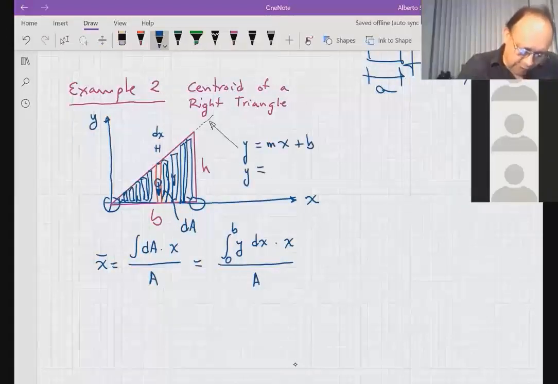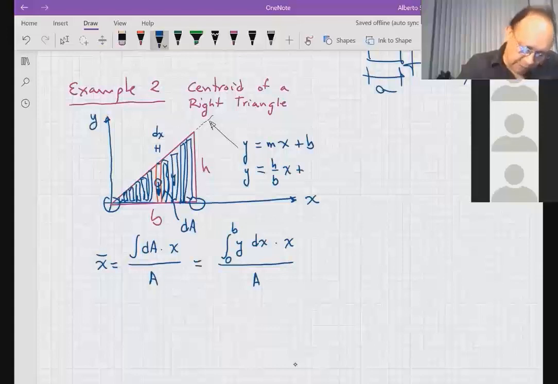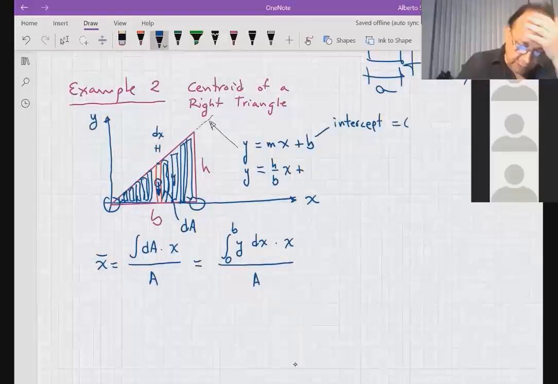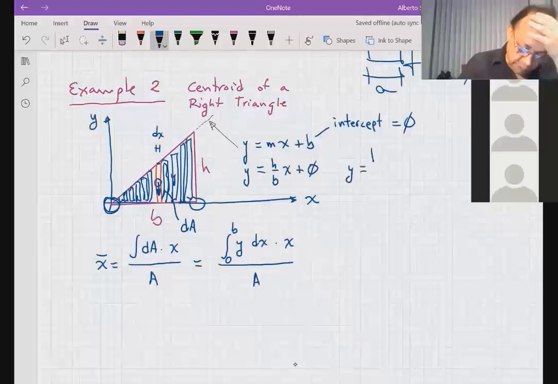The slope of this line is h over b, and b is the intercept. Well, this b is not the same b as the base of the triangle. This is the intercept with the y-axis, right? In this case, it's 0 because the line goes through the origin here. So our equation becomes y equals h over b times x.